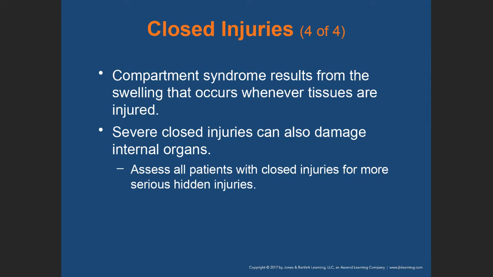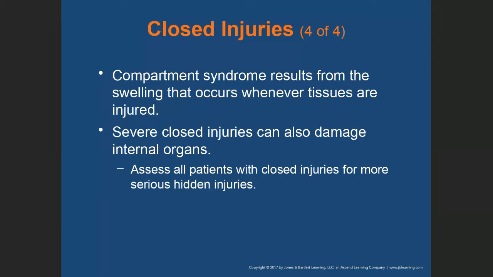So what can happen is bleeding can start to collect in that membrane that's around the muscle and the fracture, and then it starts to create compression on the injury. Right? So it starts to create tension or pressure on the fracture. It is a limb-threatening emergency.